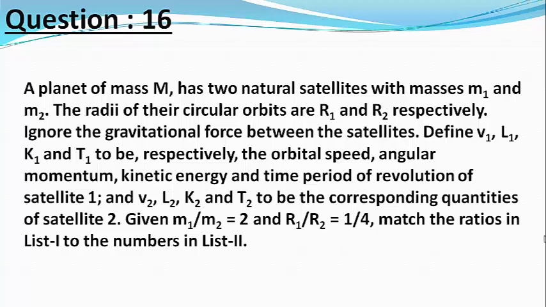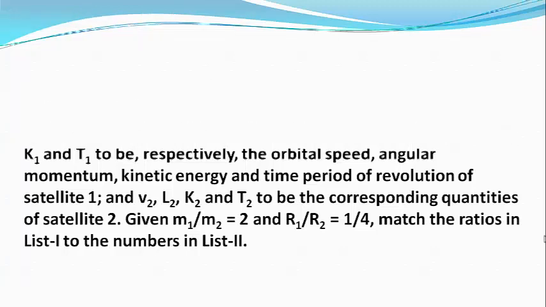Given small m1 by small m2 equals 2 and capital R1 divided by capital R2 equals 1 by 4, match the ratios in list 1 to the numbers given in list 2. List 1 contains item P, V1 by V2, item Q, L1 by L2, item R, K1 by K2 and item S is T1 by T2.